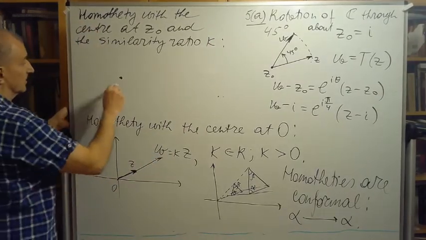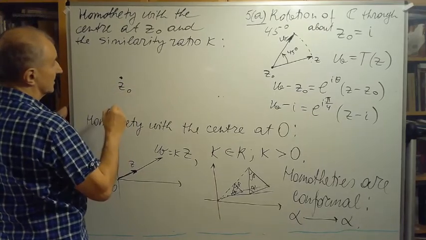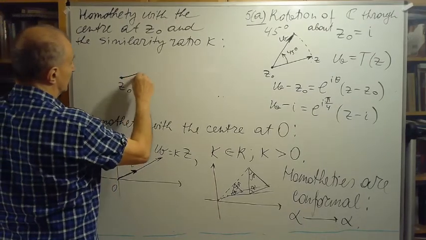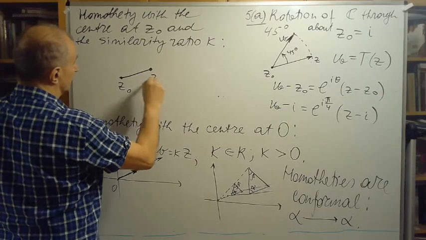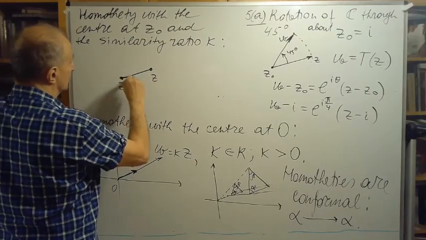So this is point Z0, which is the center of our homothety, right? And this is some other point Z. So what will we do with this vector?